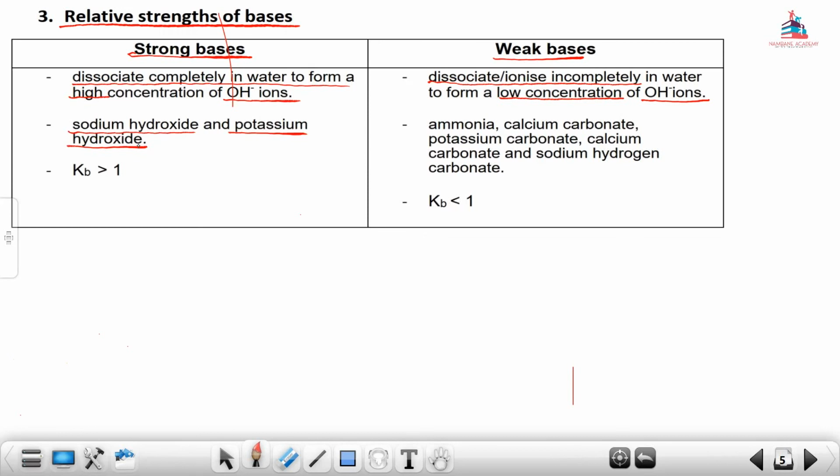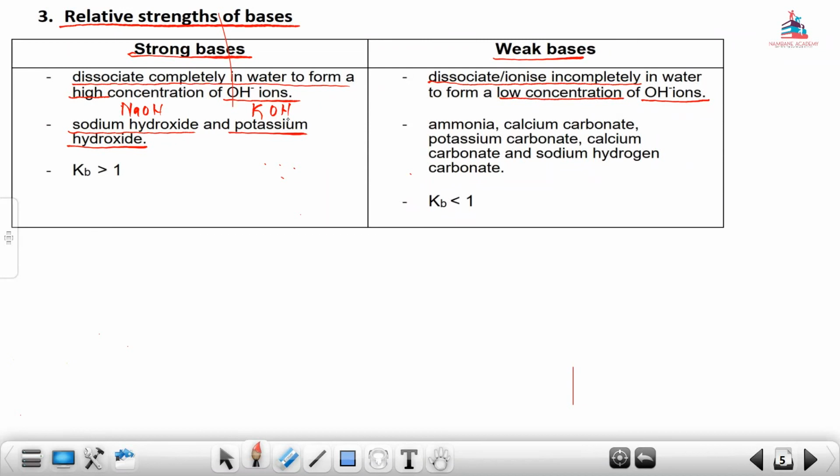Sodium hydroxide, NaOH, is very strong. Potassium hydroxide, KOH, is also very, very strong. These are just a few of the examples that I want us to note, and these are the ones that we commonly work with.